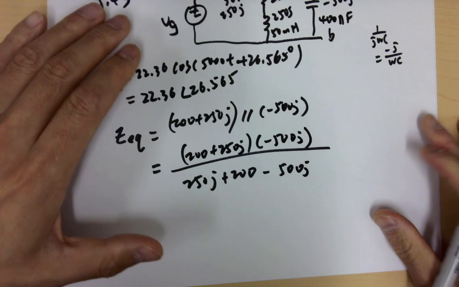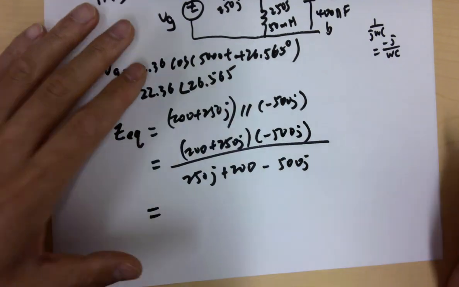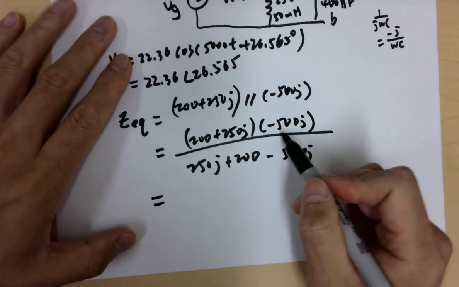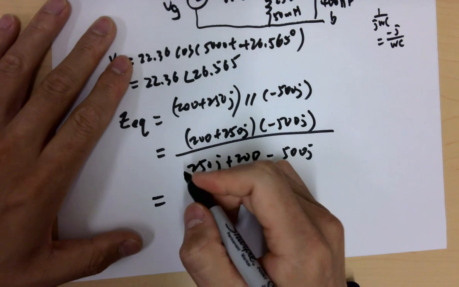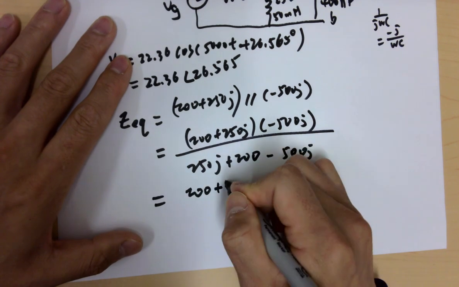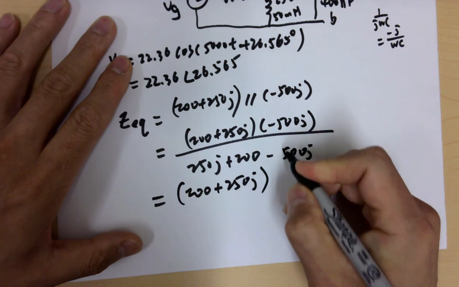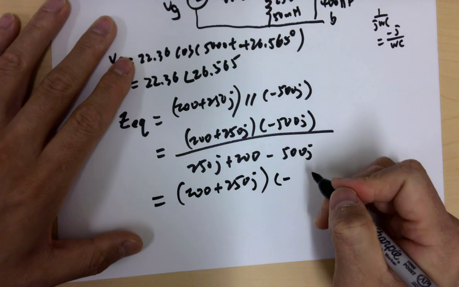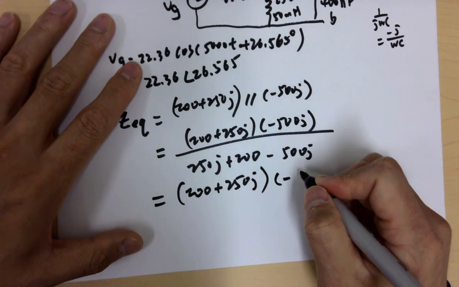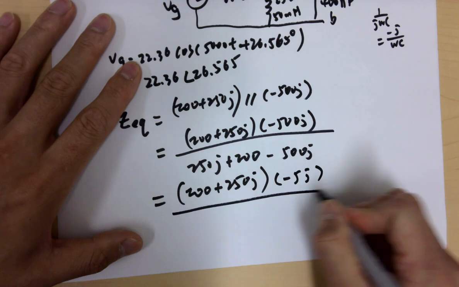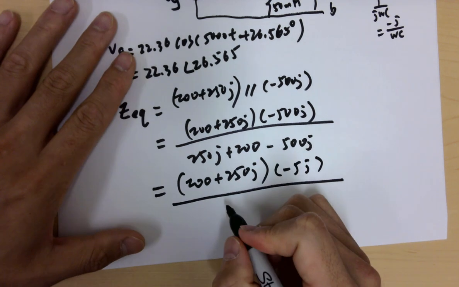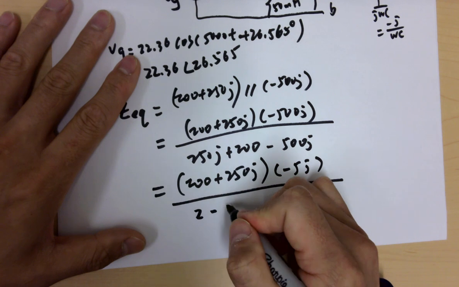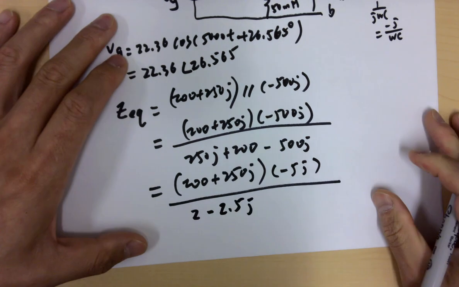Right? So let's find out. Let's divide by 100 on both sides, on top and bottom. So we're getting 200 plus 250j and minus 500j, sorry, let's do 100 first. Here 100 becomes 2 minus 2.5j.